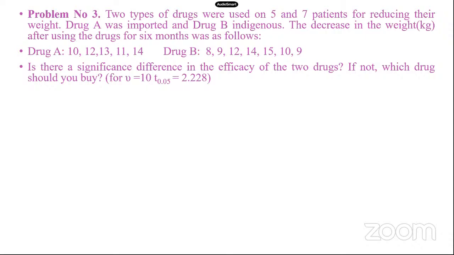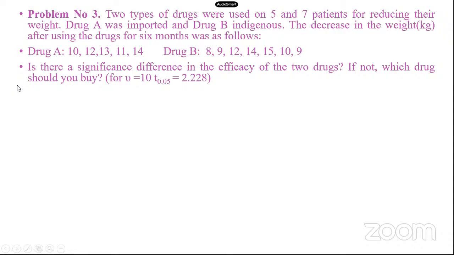Then the reduction in weight of the patients who are using drug B: the weight reduced is the first 8 kg, second 9 kg, third one 12 kg, fourth one 14 kg, fifth one 15 kg, sixth one 10 kg, and last one 9 kg. The weight is reduced during 6 months due to the application of drug B.